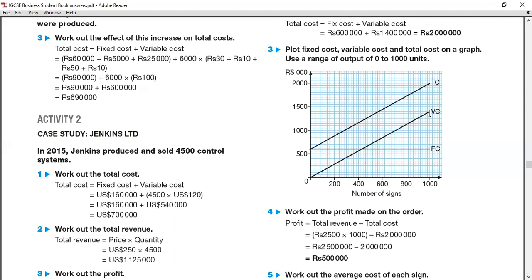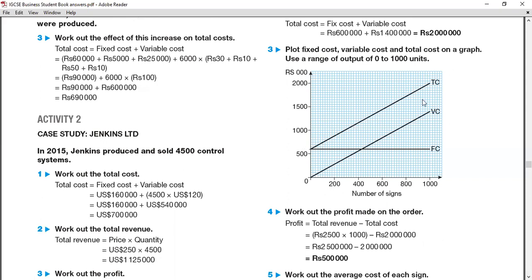You can connect this line. Total cost is also the same: at 0 quantity it is 600,000, the fixed cost amount. At 1,000 quantity, total cost would be 2 million. Mark a dot at 2 million at 1,000, and then connect it.